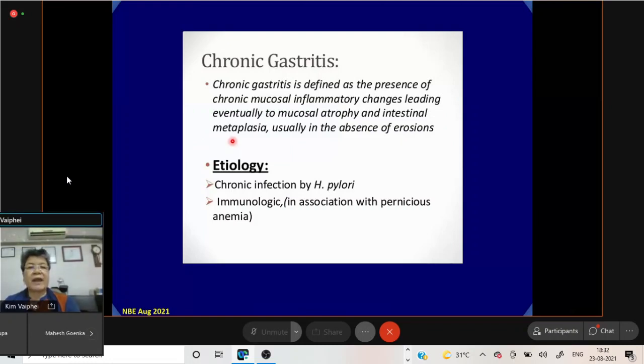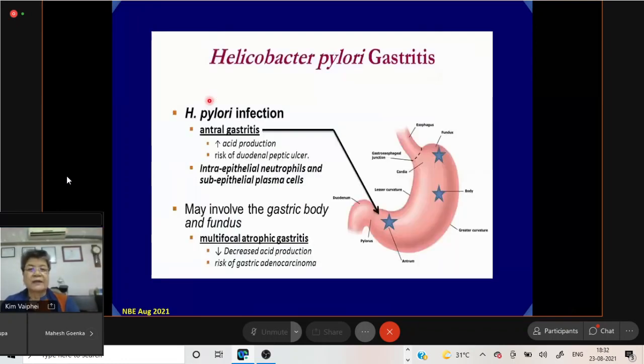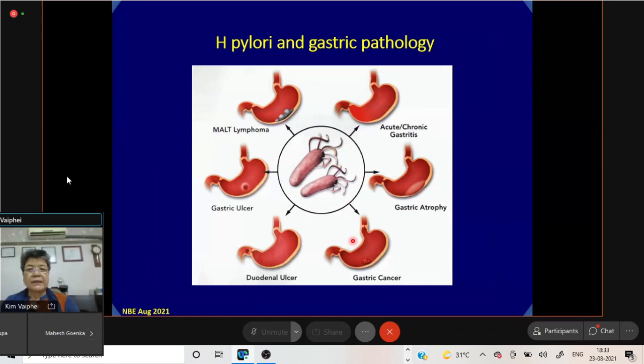That is the reason why identification of chronic gastritis is very important. And now this is multifocal H. pylori infection, which can involve different parts of the stomach. H. pylori can produce any kind of gastric lesion, including lymphomas and cancer.